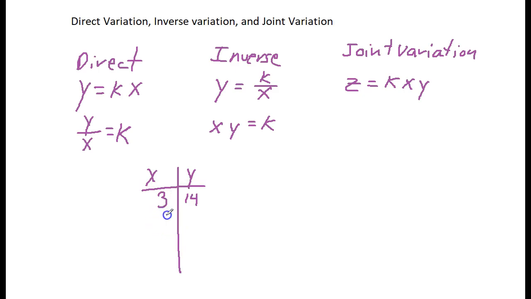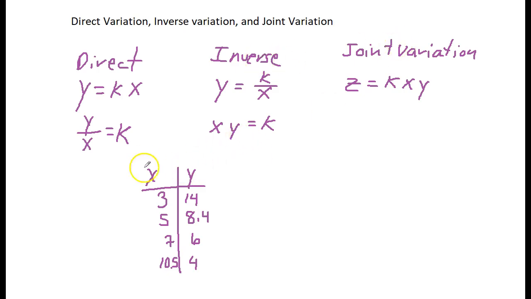When x is 5, y is 8.4. When x is 7, y is 6. And when x is 10.5, y is 4.